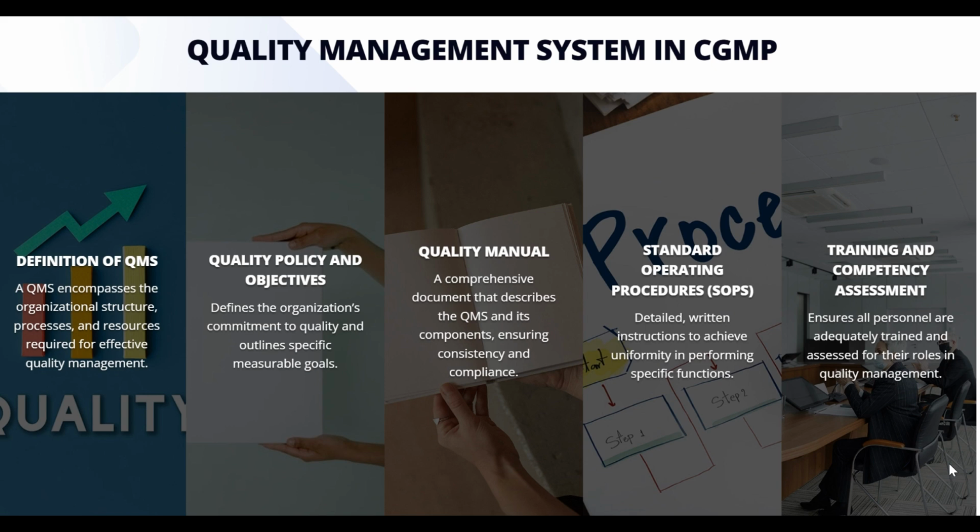Standard operating procedures, SOPs, are detailed written instructions to achieve uniformity in performing specific functions. Then training and competency assessment ensures all persons are adequately trained and assessed for their roles in quality management.